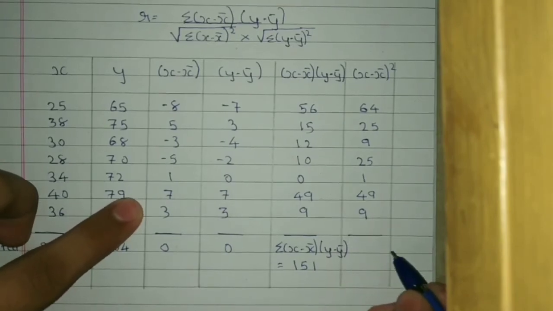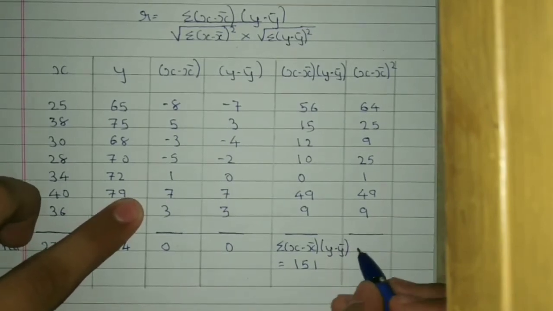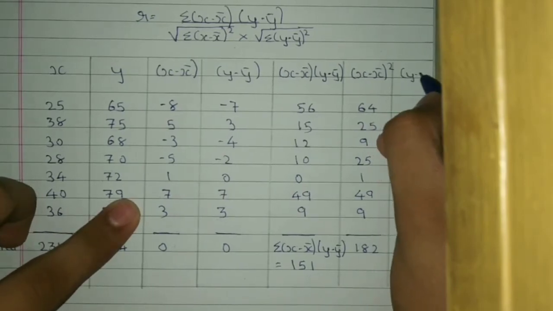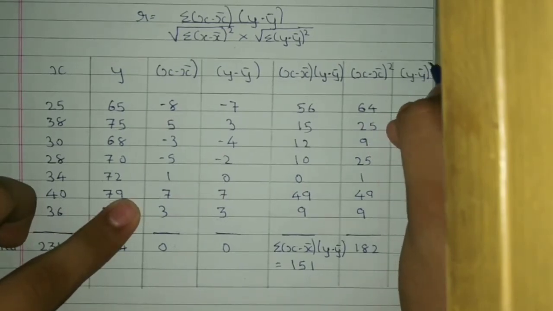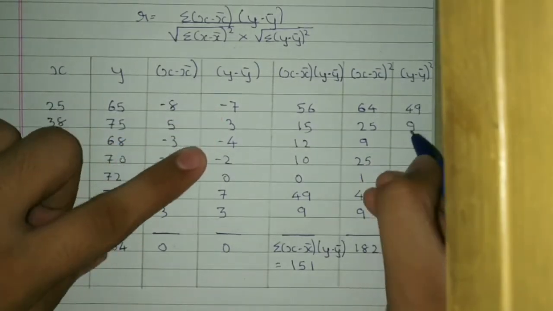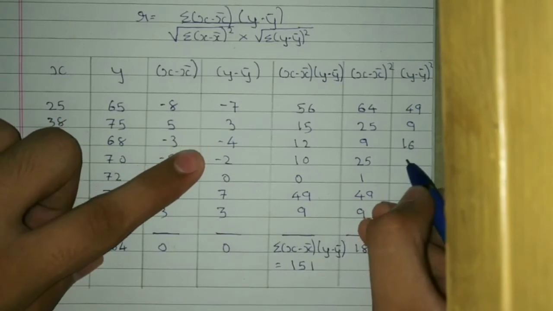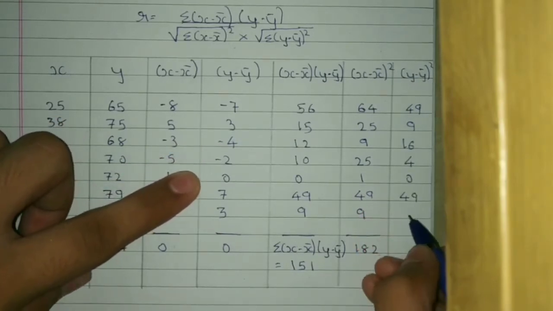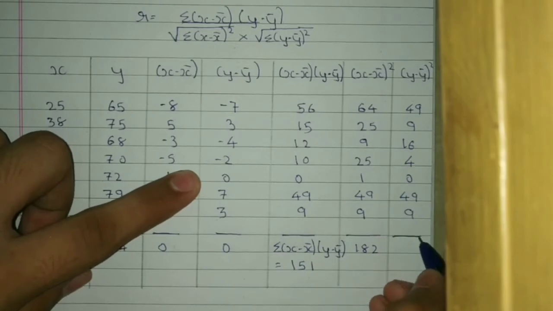The total of this is 182. Similarly, (y minus y bar) whole square: 49, 9, 16, 4, 0, 49 and 9, and the total is 136.